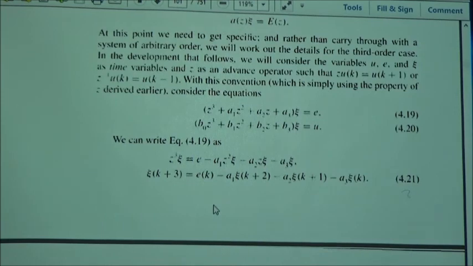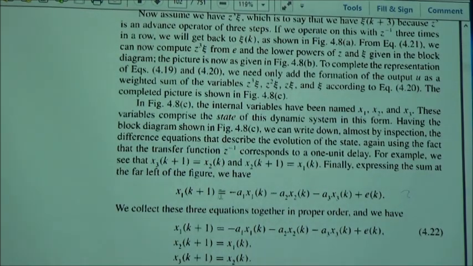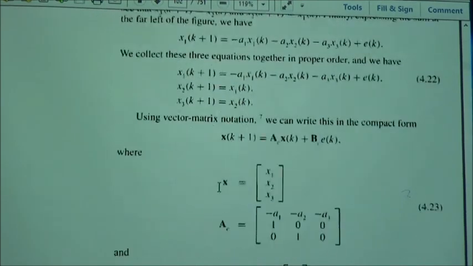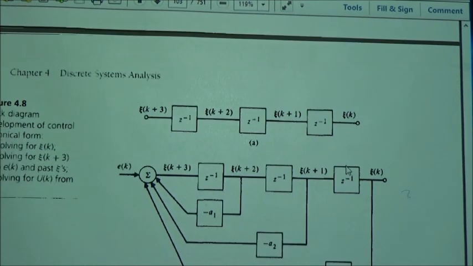Now, what they do here is look at it in this fashion. They put zeta in the back, and then keep working backward all the way to zeta k plus 3, and keep adding, formulating the input.